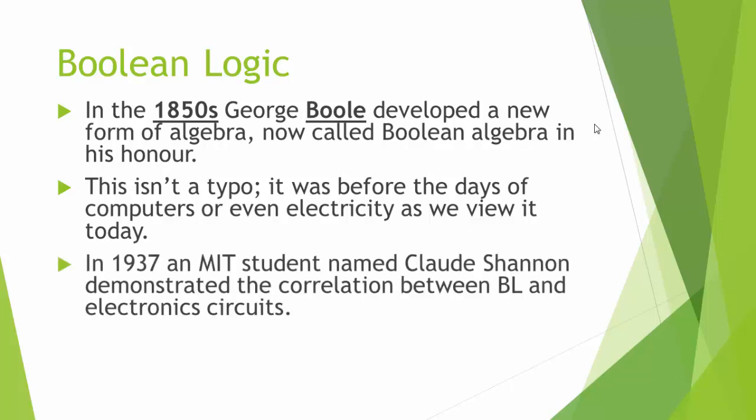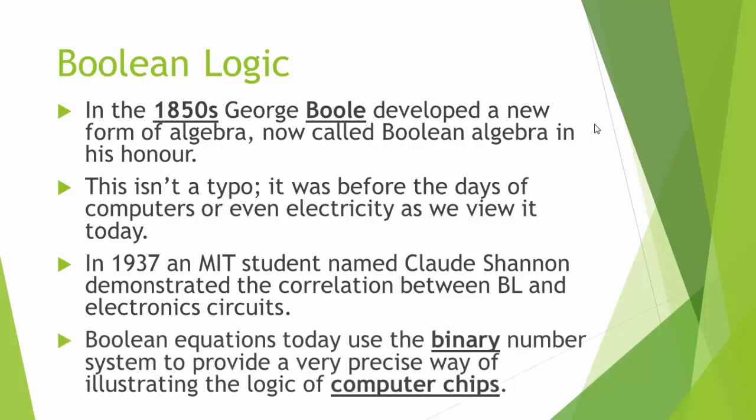And in fact, his logic system was an interesting abstract idea until an MIT student named Claude Shannon demonstrated that this Boolean logic could be used very well in terms of building electronic circuits. So Boolean equations today use the binary number system, and they give us a very precise way of illustrating the logic of computer chips.